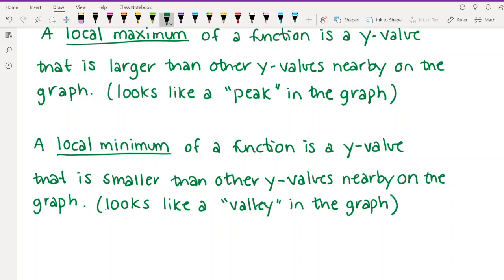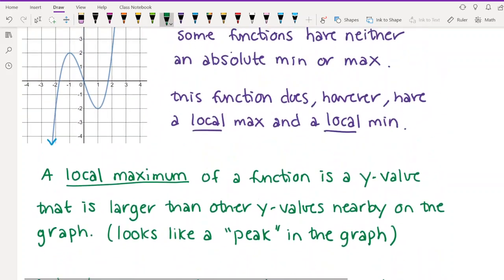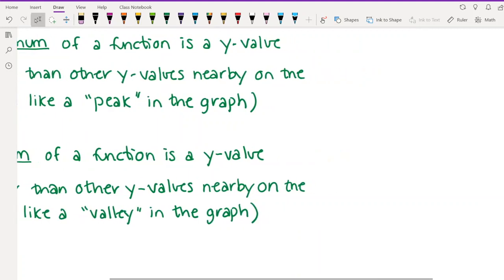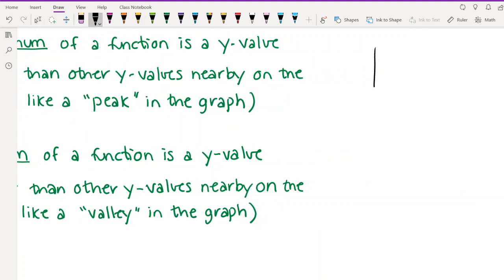So just to sketch a quick example of how it really can be any size of peak or valley, let's say you had a function that looked like this. This has a ton of local maxima and minima, right? Here we would have a local max, here we'd have a local min, local max, local min, local max, local min.